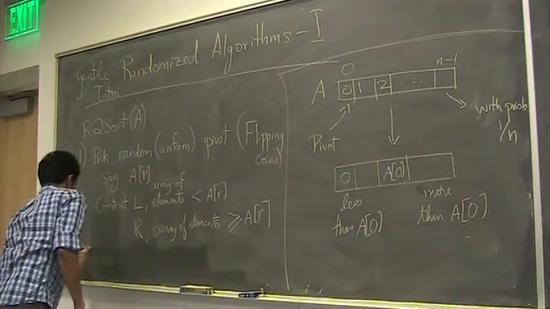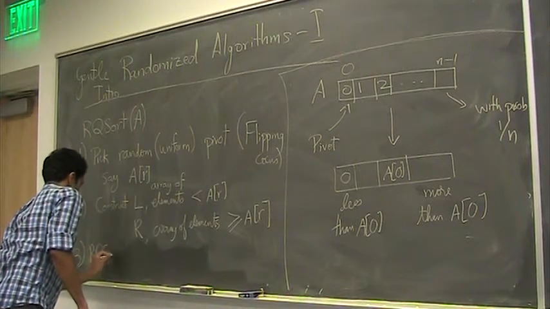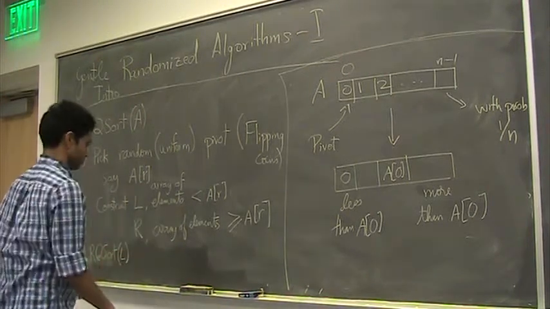And then you just do randomized quicksort of L.